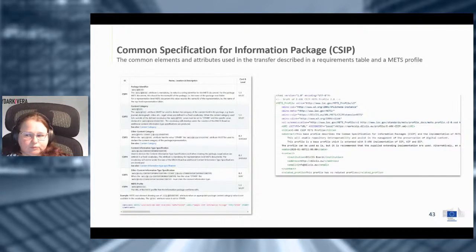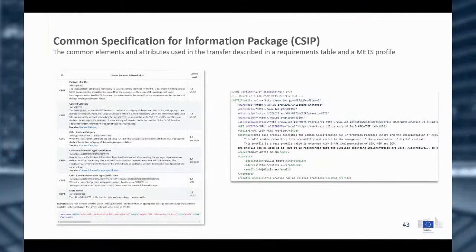And then we also take advantage of transformations. So we actually use the METS profile to fill the tables for the CSIP. A bad example I see, really, I've just taken the top of the METS profile, but when you look into the METS profile, which is available through the GitHub repository, you will see that you have a requirement named CSIP1, and it contains the text you see on the screen and in the requirement.